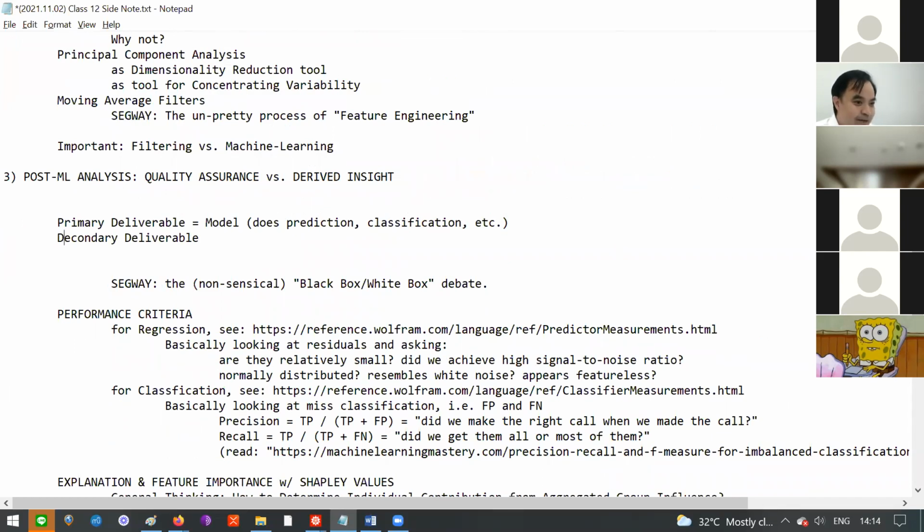Well, the secondary deliverable is insight about the data. For example, I'll give an example of a primary versus secondary deliverable. Now, this is a universal term, I guess, so maybe I better put that in.